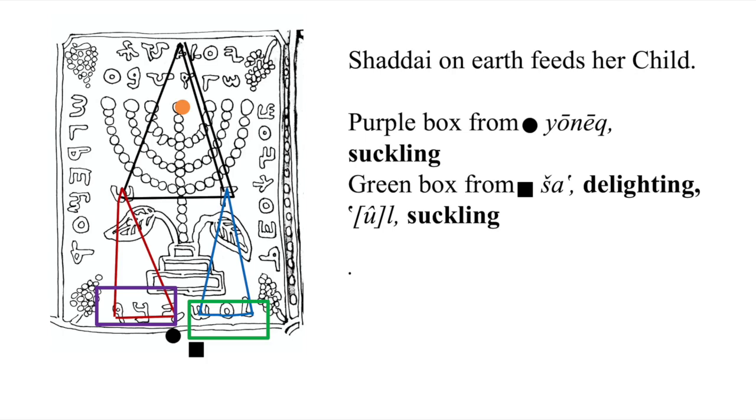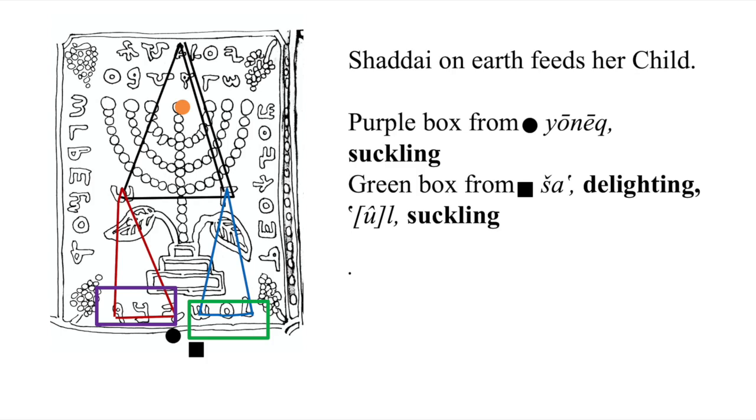Again, it's the same word. And then the green box reading out from the middle, that's the delighting suckling again. So it's the child, it's the servant, and he is watered, or whatever it is that's flowing, that's symbolized by that water, geminated form, and it comes down to the recipient on earth.